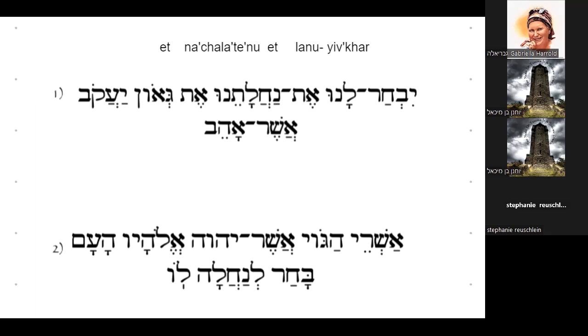And then we have nun sofit, right? So what sound does that make? It makes an N sound at the end of the word, right? So these three letters together, the aleph, vav, and the nun, are going to work together to make a sound like on, like O-H-N, on. So we have geon.